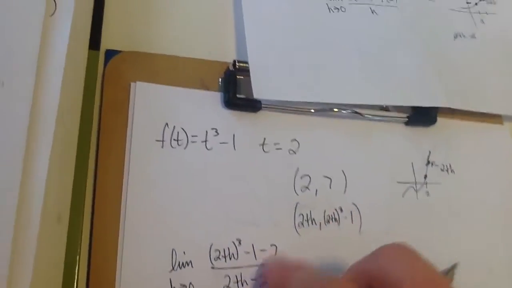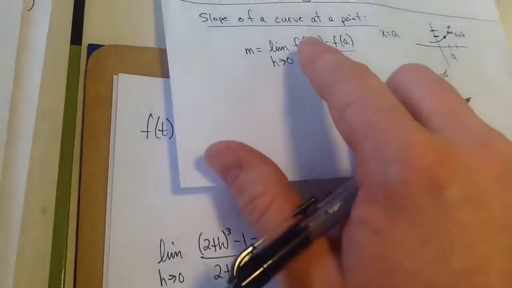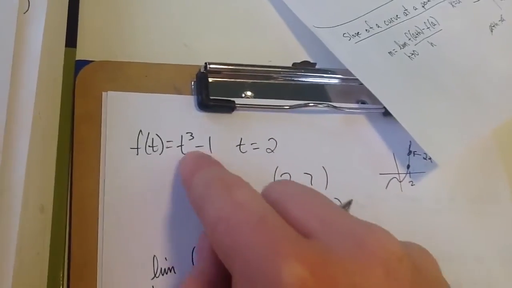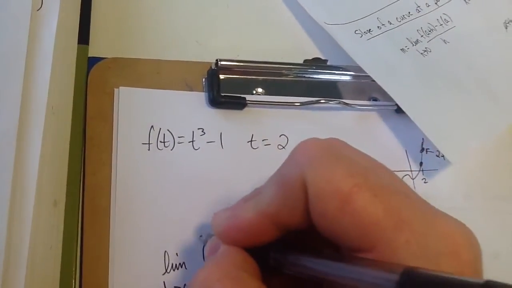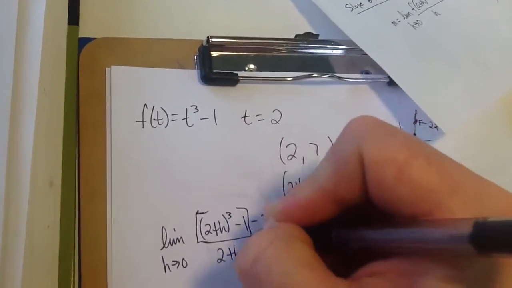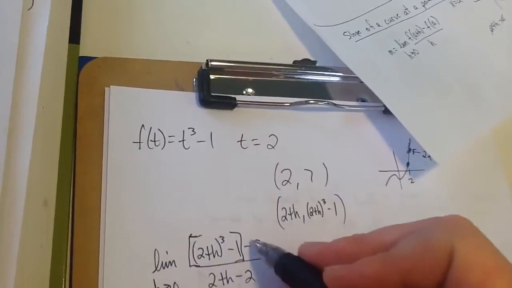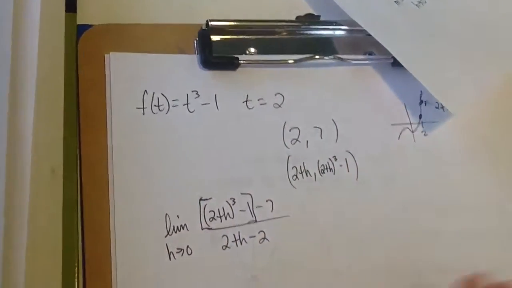That's all this is. I plugged in a plus h. In this case a was 2, so I plugged in 2 plus h for this. There it is. I plugged in 2. There it is. And then on bottom, I did a plus h minus a.